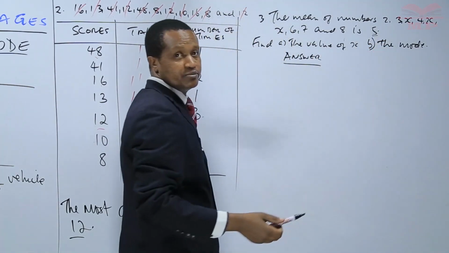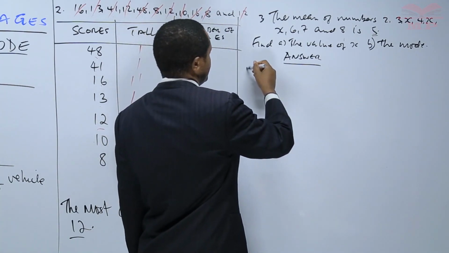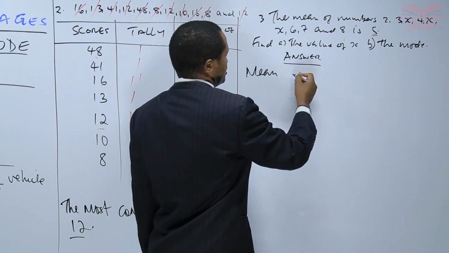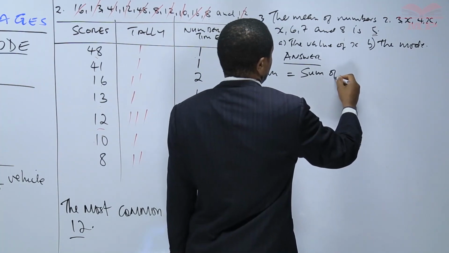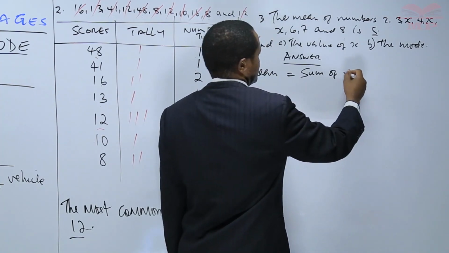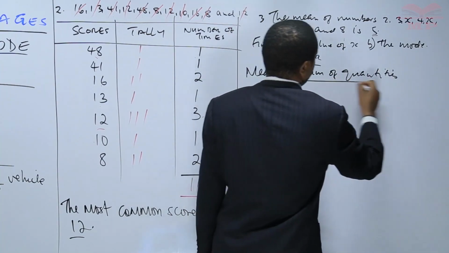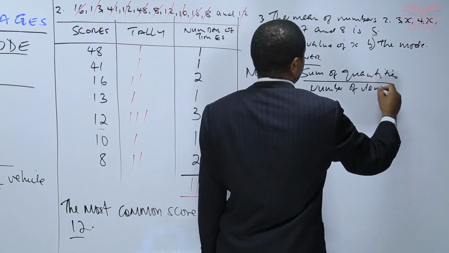So the mean has been provided, and we know that the mean of numbers or values is equal to the sum of quantities divided by number of items.